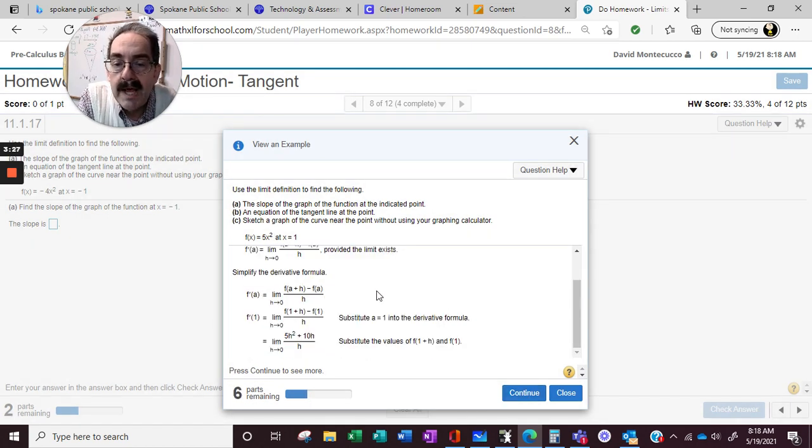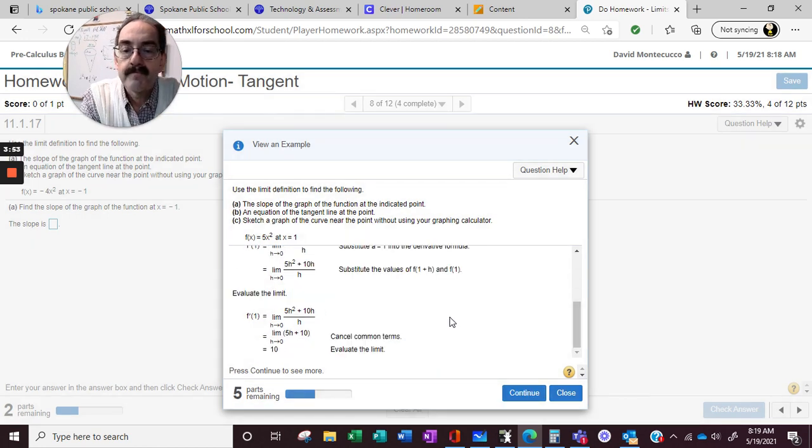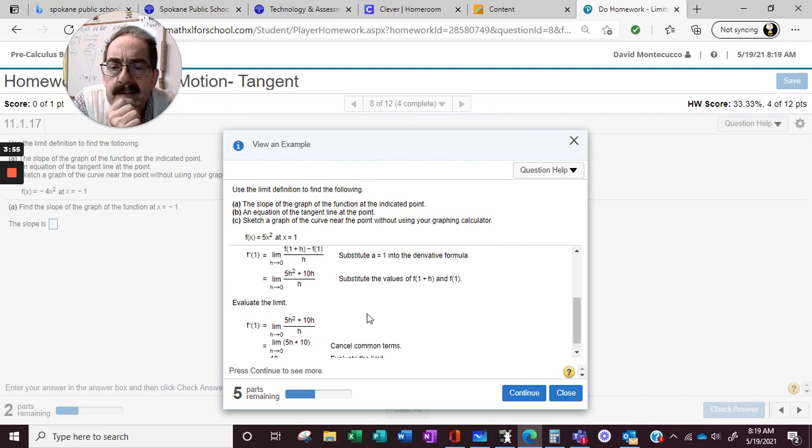Okay, so now we plug these in. f of a plus h minus f of 1, which is 5, as h approaches 0. Now we've got this 1, so 5 of h, as the limit.